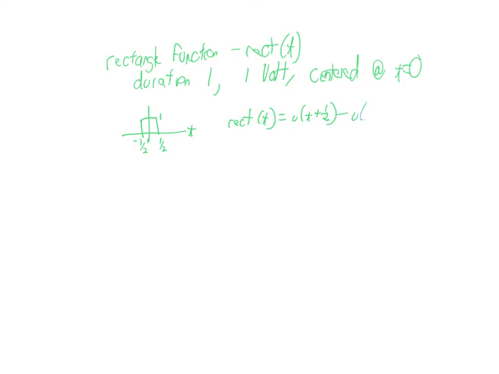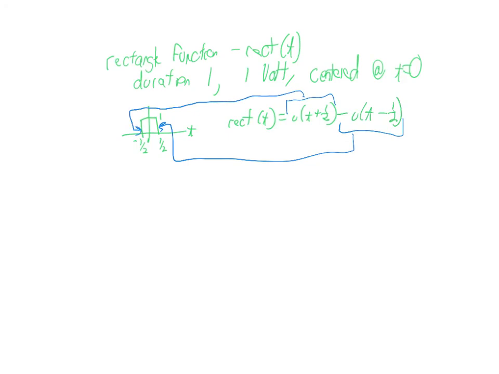So minus u of t minus 1/2. So what I'm doing here is this part is giving me this edge, and this part is giving me this edge, and it's causing me to step up.